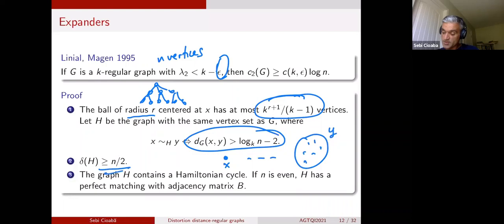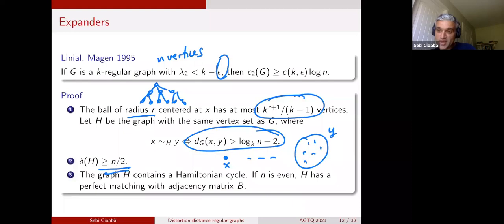Actually, they're going to be at least n over 2. That's why these numbers are chosen like this. And what does that mean? That means that this graph is Hamiltonian. You have this result of Dirac that if you have at least n vertices and degree at least n over 2, your graph is Hamiltonian.